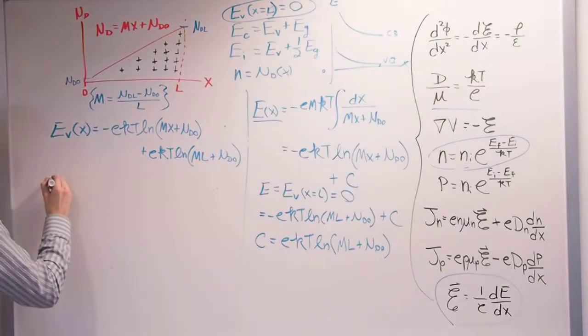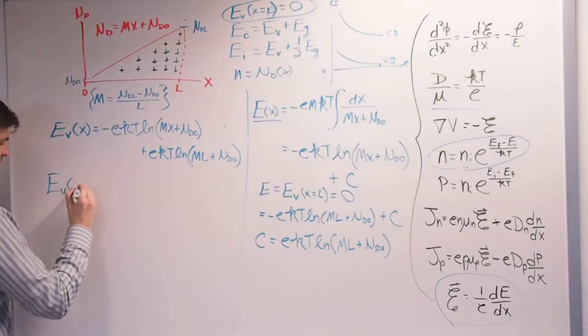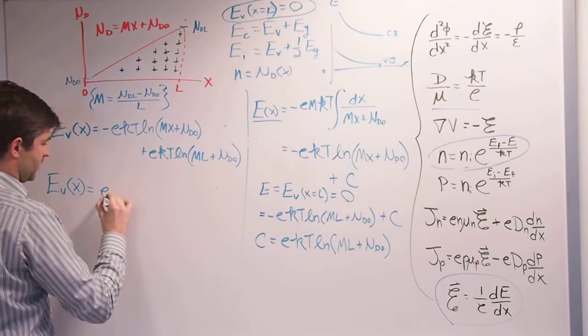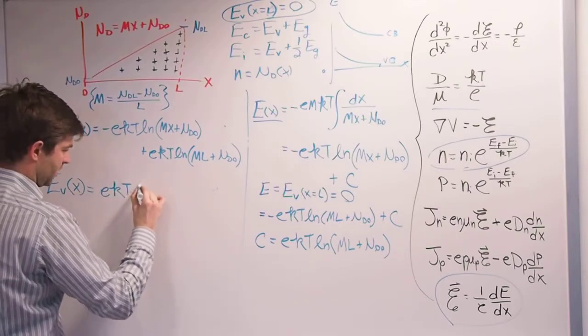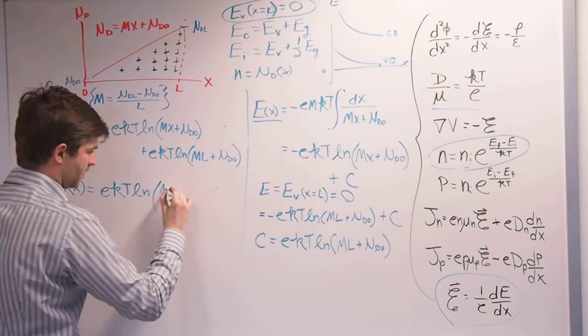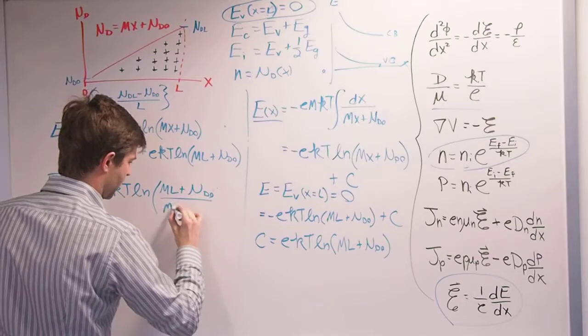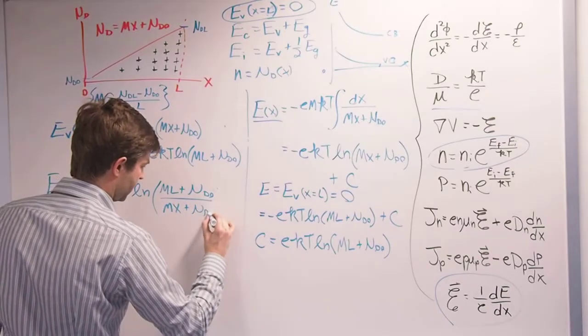How can we rewrite that to make it more simple? E_V, the valence band energy, is equal to kT natural log of (m L plus N_D0) over (m x plus N_D0).